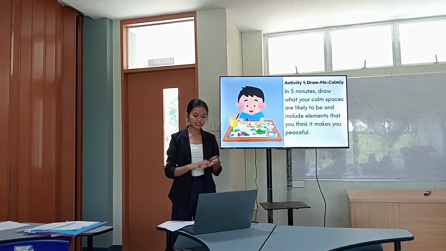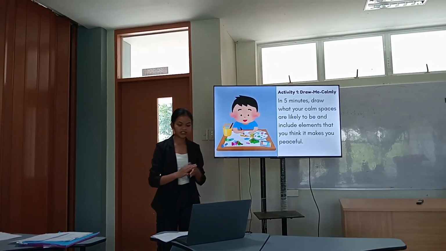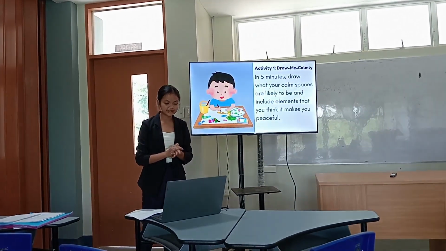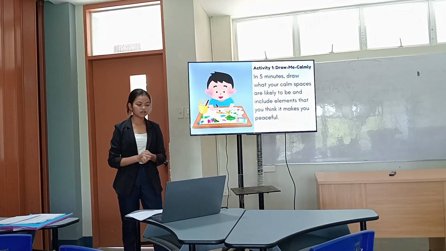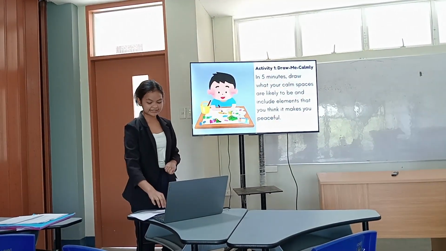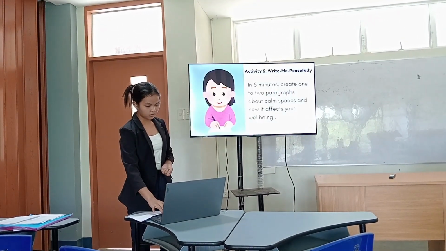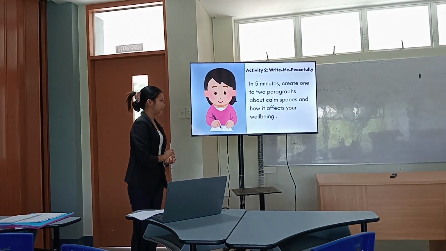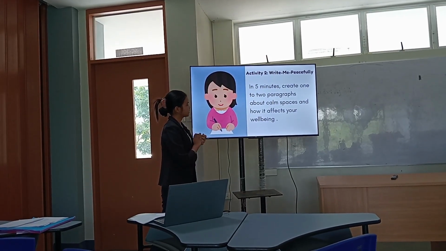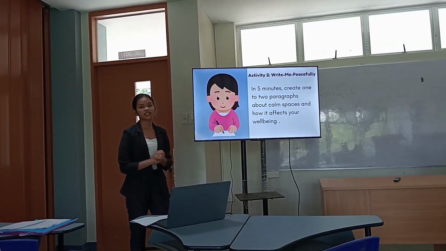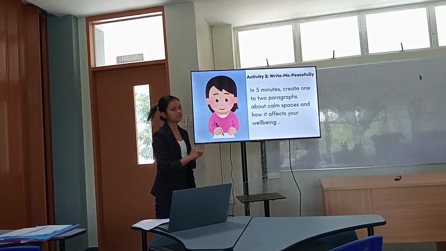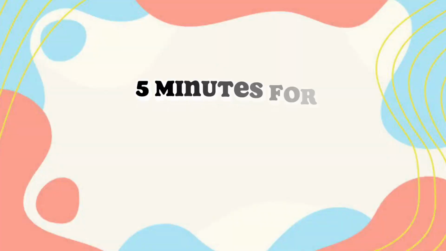These elements are effective in creating a sense of peace and tranquility, evoke calmness, and contribute to the overall feeling of relaxation. Now for our second activity, it is called Write Me Peacefully. In 5 minutes, you will create 1 to 2 paragraphs about calm spaces and how they affect your well-being. This will be done on a 1/2 sheet of paper.